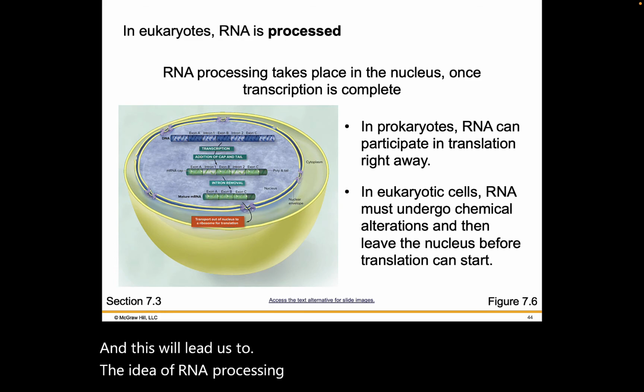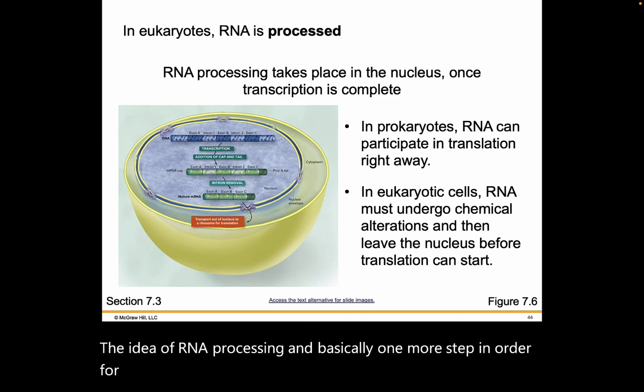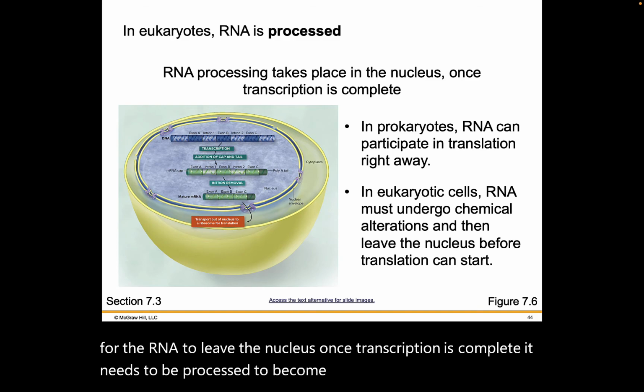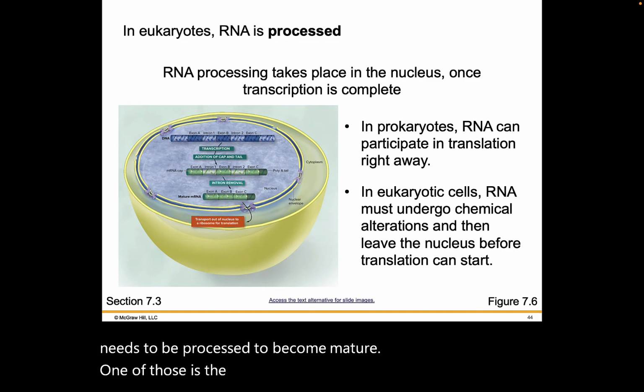And basically, one more step in order for the RNA to leave the nucleus once transcription is complete, it needs to be processed to become mature. One of those is the introns and exons. So if you think prokaryotic cells, everything happens in the cytoplasm.